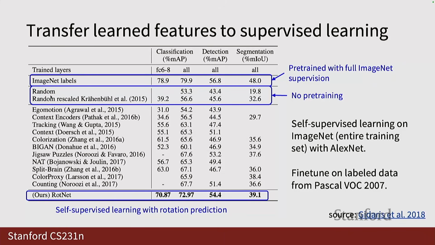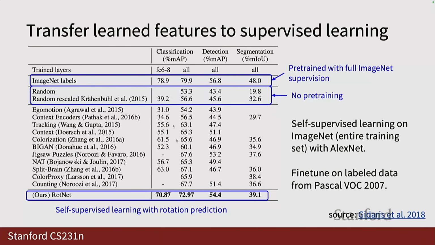But if we don't do any supervised pre-training and the pre-training is all self-supervised, it's showing that this rotation framework is doing a much better job than many of the other counterparts, other methods that we don't go into the detail of, but it's showing efficacy for this rotation pretext task.